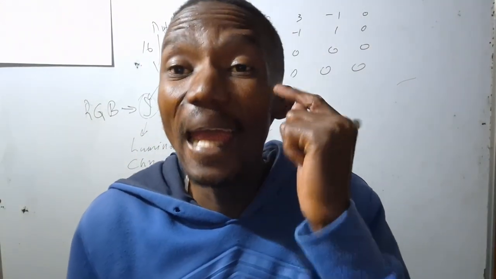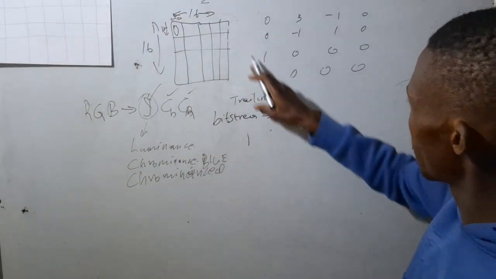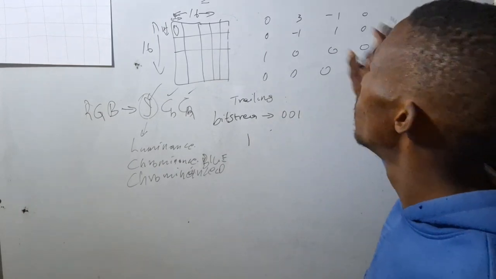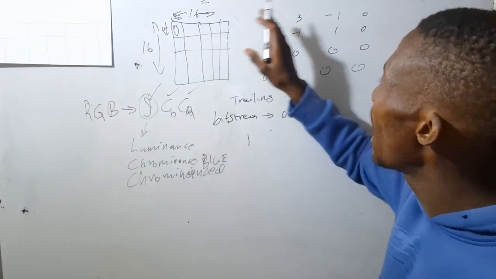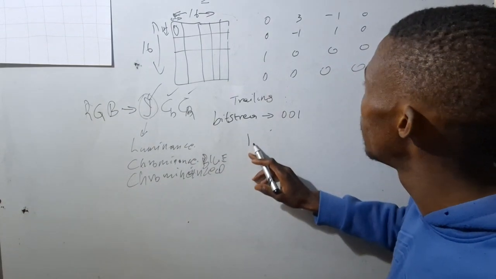We can only have non-zero coefficients with an absolute value of 1, right? In these non-zero coefficients, for example, here we have values that have an absolute value equal to 1.